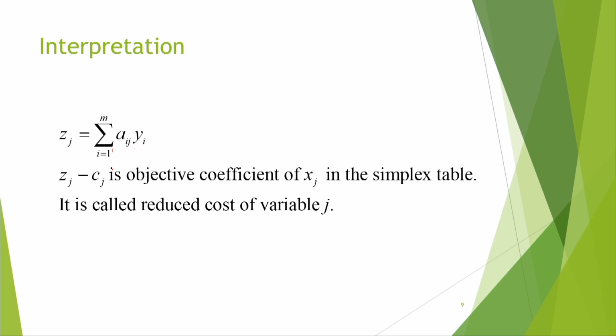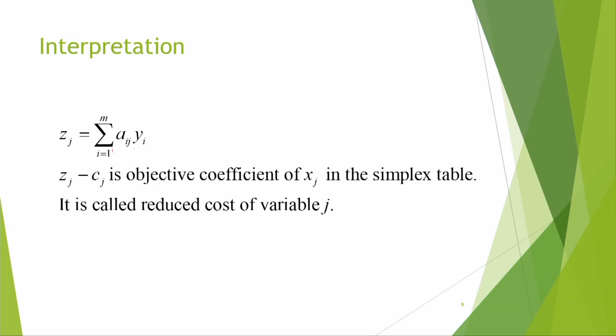But if you do the Gauss-Jordan method, it is what I called the Z row, simply Zj minus Cj. So you do not have to take much tension about that, it is basically the same thing, but if you refer to other linear programming books than Taha, you may get these notations quite frequently. Now we will be discussing other things.